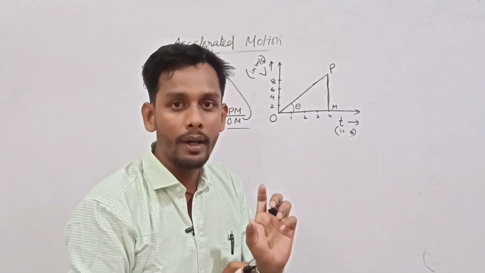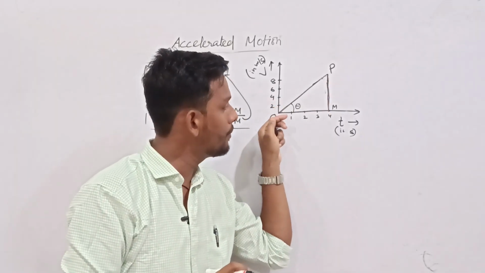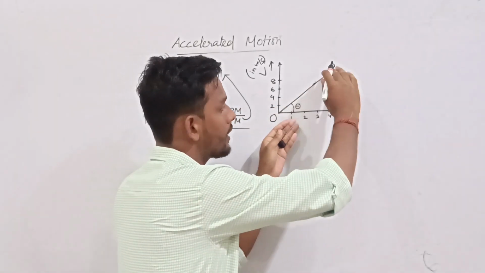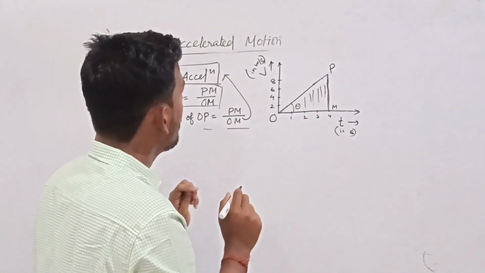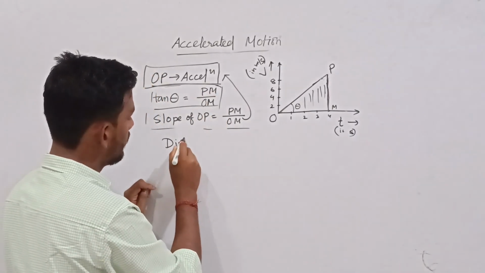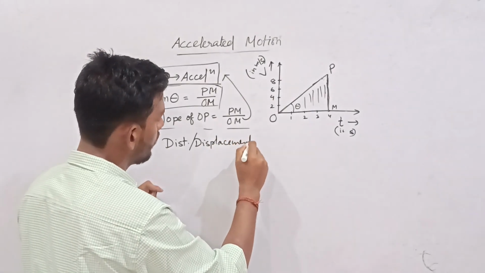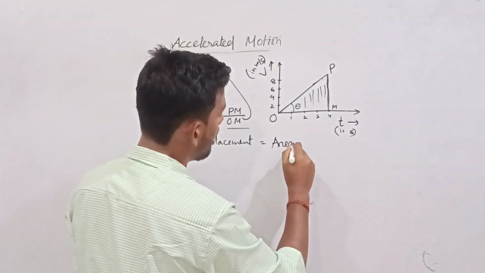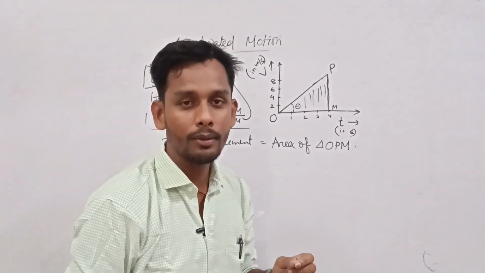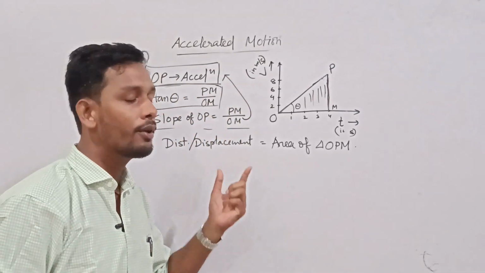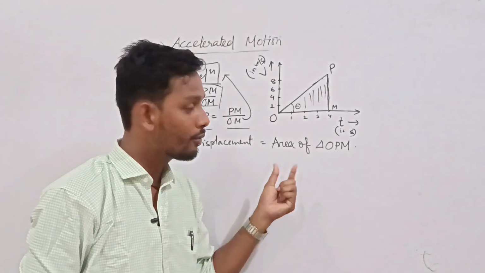Always remember that the area between the acceleration graph and the time axis represents the distance or displacement. That is the area of triangle OPM. Now a doubt may come: the unit of distance or displacement is meter, and the unit of area is meter square, how can that be possible?